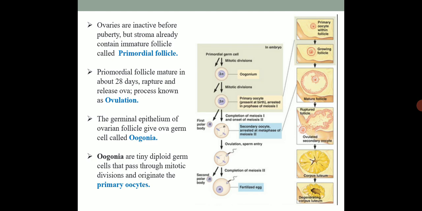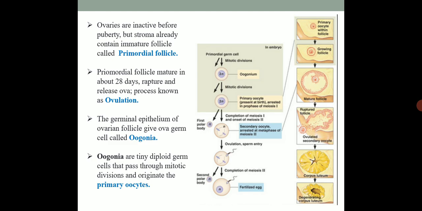They rupture and release the ova, a process you already know as ovulation. The germinal epithelium of the ovarian follicle gives rise to germ cells called oogonia.